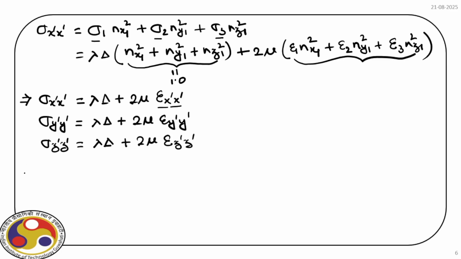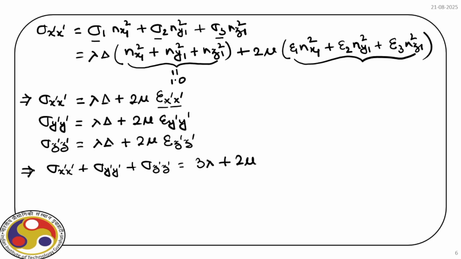Now, what we can do, if we sum up the left hand side, we have sigma x prime plus sigma y prime plus sigma z prime is equal to what? We have 3 lambda plus 2 mu.